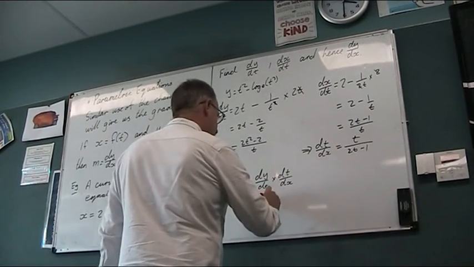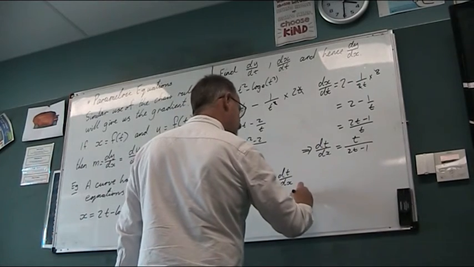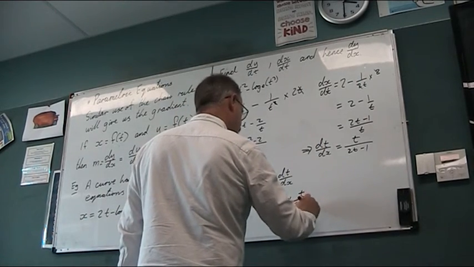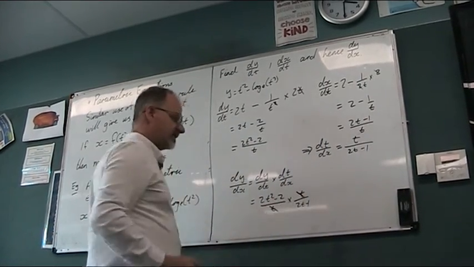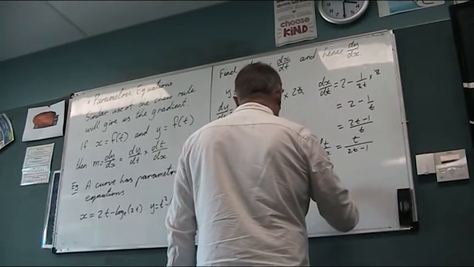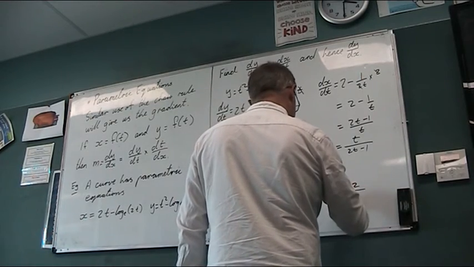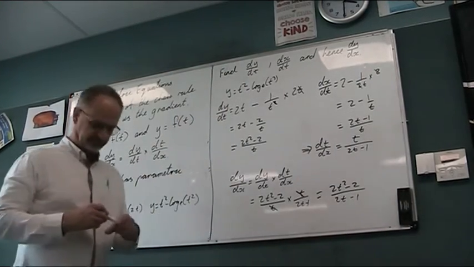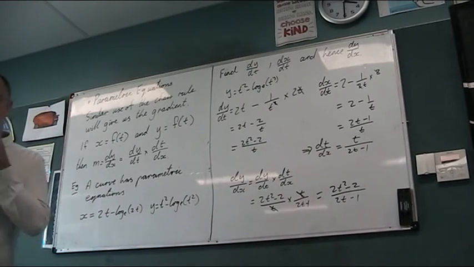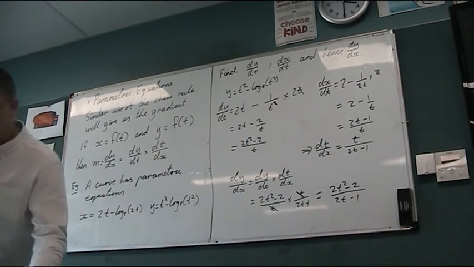So we've got 2t squared minus 2 over t times t over 2t minus 1. These t's cancel, and we don't have much else that we can do there. 2t squared minus 2 over 2t minus 1 would be our dy/dx. So if we wanted to find out what the gradient was, that's how we would find it out.